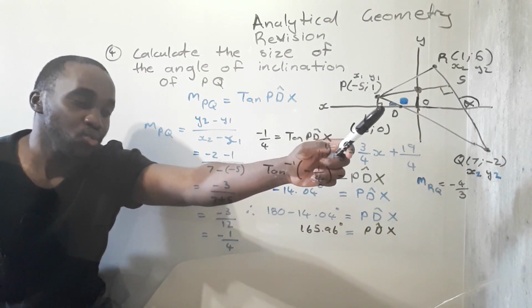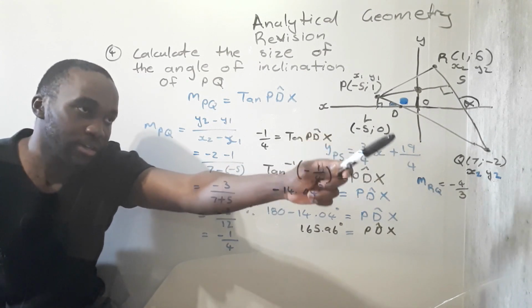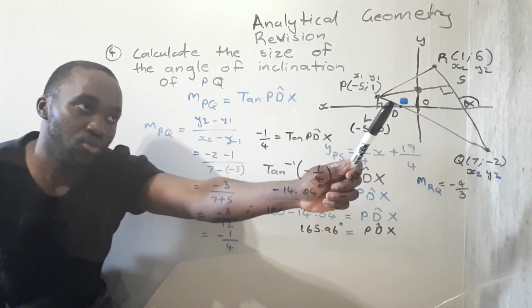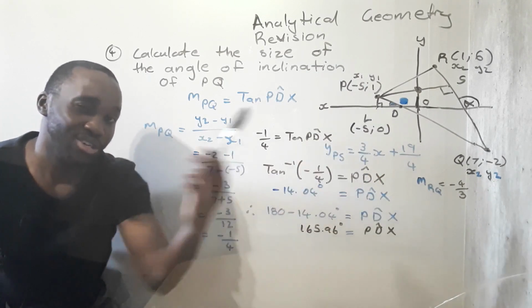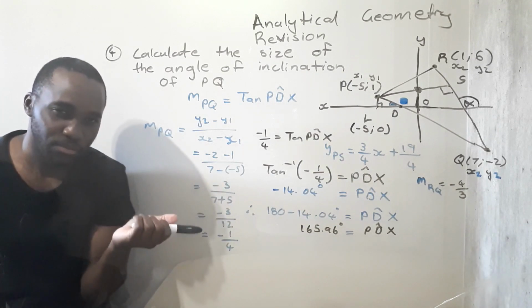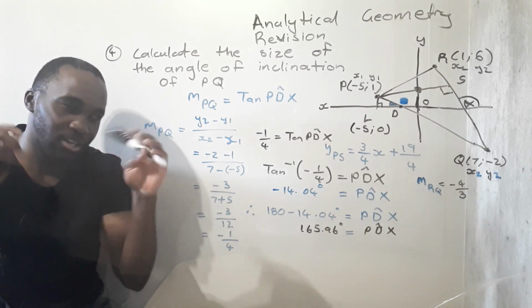So if you do use your angle of inclination formula, keep in mind that this is one line, and the angles there between your line and your x-axis, you have two of them. So if you get a value that is negative, always take it as a positive, because an angle cannot be negative in our case.